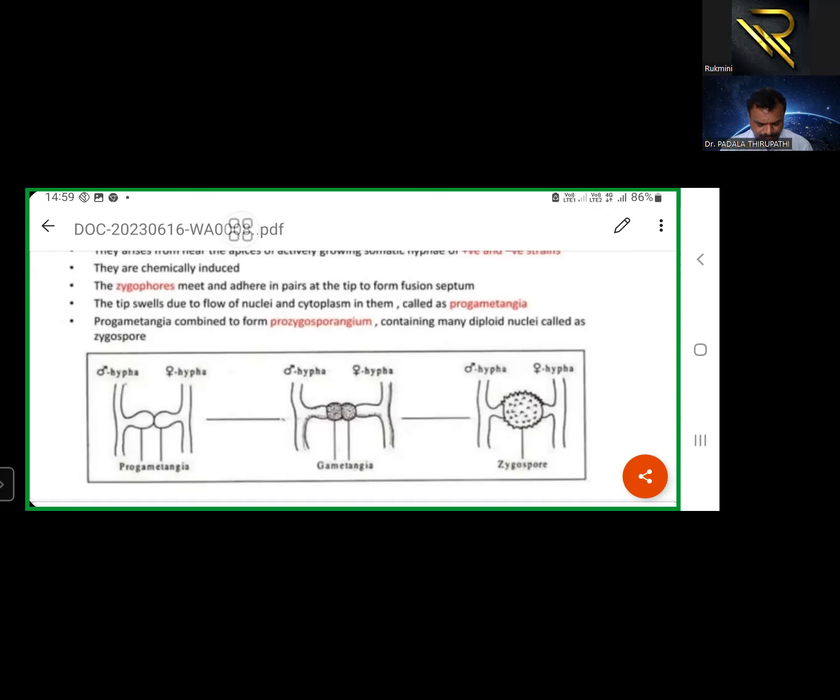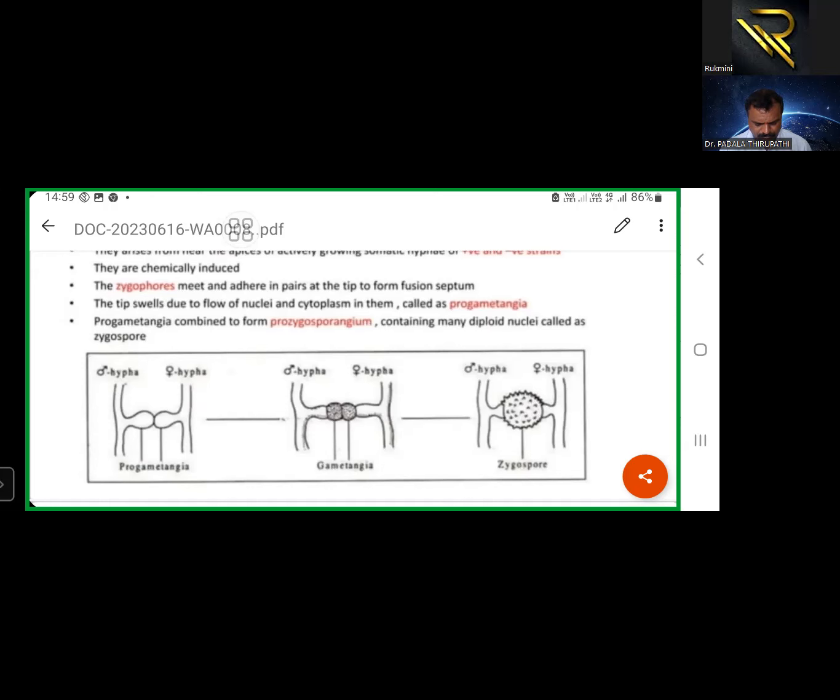In the beginning, I told you, unless sexual reproductive structures are formed, the Mucor mycelium is aseptate. So once progametangia formation has taken place, just below the progametangia a septum will form. That septum separates the progametangia from the basal portion of the mycelium.